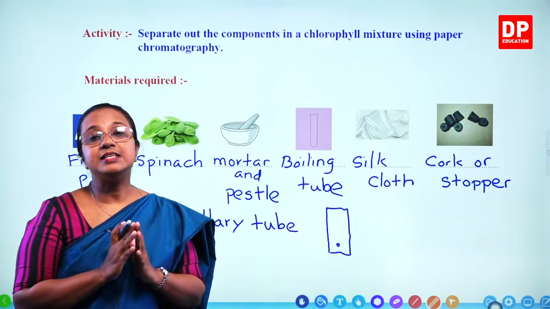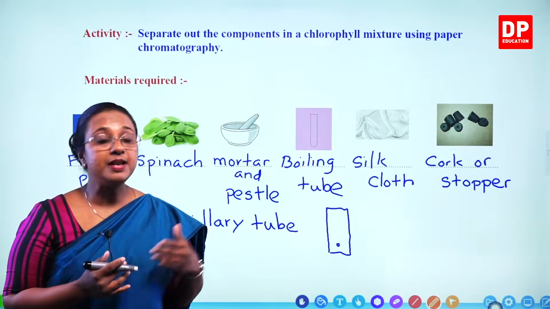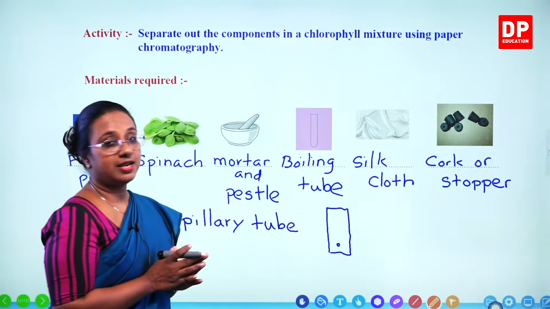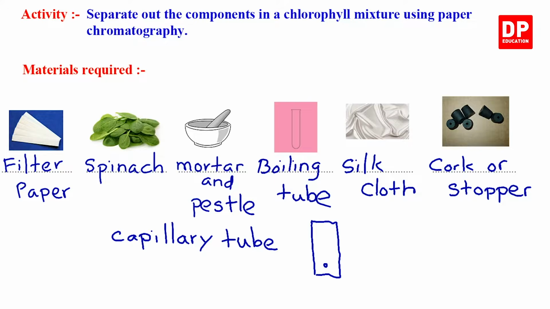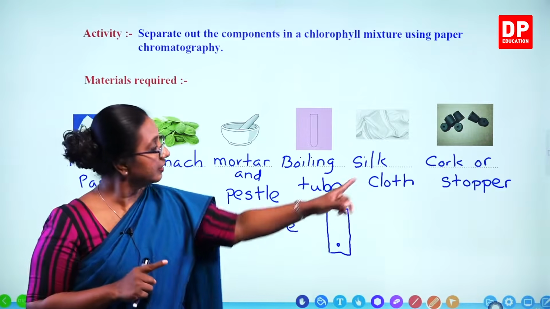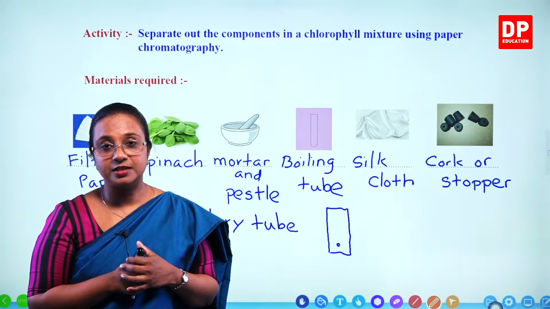And once that is done, you can maybe repeat it twice or thrice depending on the requirement. And once the strip is ready, we have to connect the strip to the stopper. You have to put a slit on the stopper and insert the paper into it.